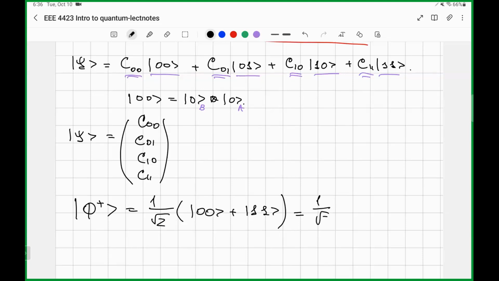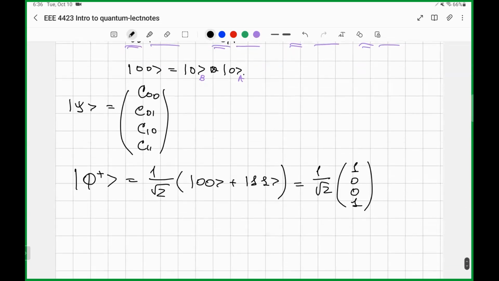The same can be rewritten like this. So this is the Bell state, or one of the 4 Bell states.